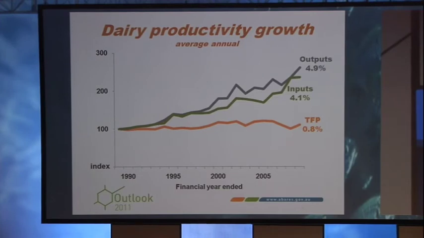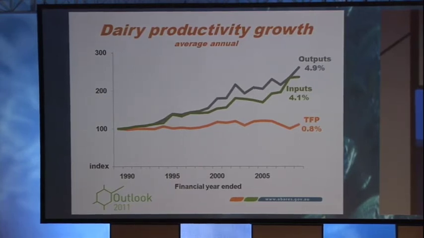Look at the dairy industry now. In one sense, you might look at it and say, well, that's much the same, but actually it's not quite the same. If you look how it's been achieved there, we've got total factor productivity growth of about 0.8% a year. And that's good, it's positive, not as high as for the broadacre sector, but it's been achieved in a different way. We've had an increase in outputs, but we've also had a very large increase in inputs.